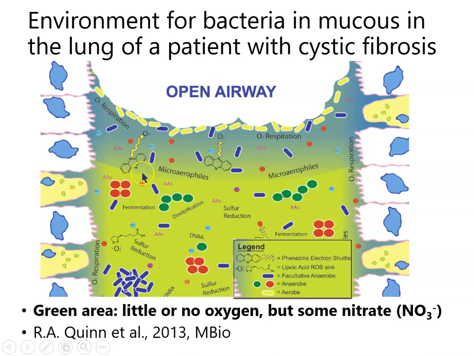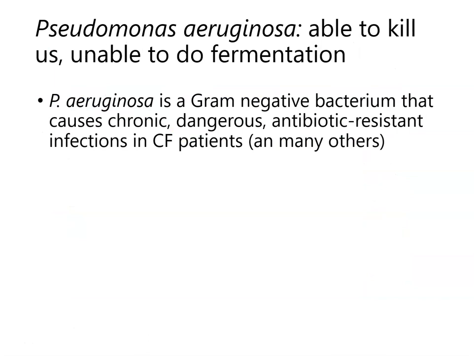Well, it turns out there's nitrate in this environment and some sulfate. And so this creates an environment where Pseudomonas aeruginosa can grow. And Pseudomonas aeruginosa is a gram-negative bacterium. It's kind of terrible. It's hard to treat. It is resistant to a lot of antibiotics. And it causes lifelong chronic infections in people who have cystic fibrosis.